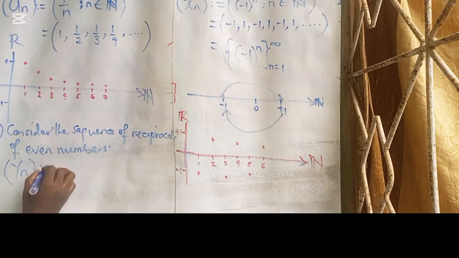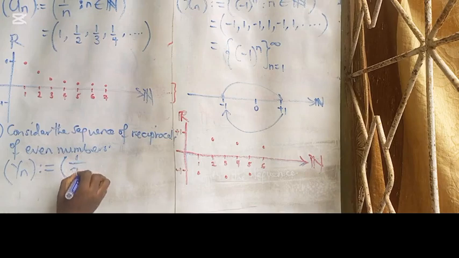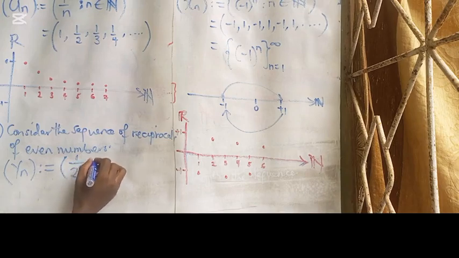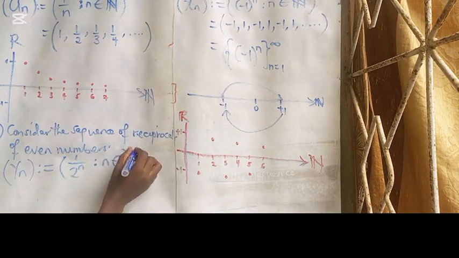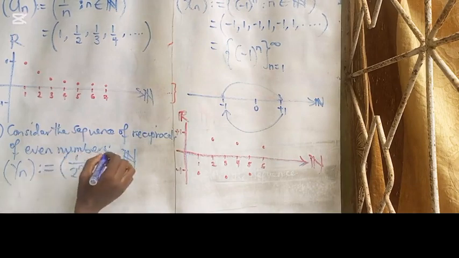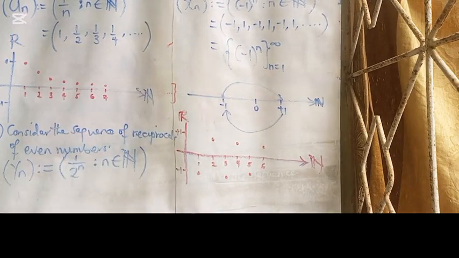And how do we define that? We define it as 1 over 2 to the power n, such that n also belongs to the set of natural numbers. We are talking about the sequence Yn being the reciprocal of even numbers.